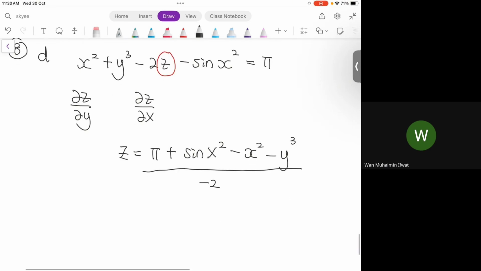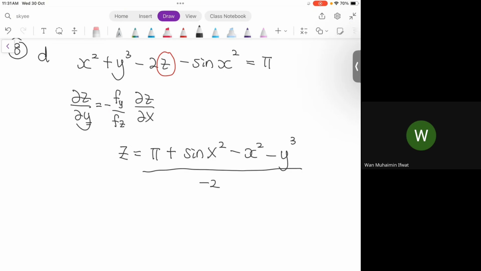If you want to solve using the implicit, first of all, you must know what equation you have to use. If you want to find del z del y, first of all, put a negative, and then put a function f, differentiated with respect to y, following the notations, and then divide by the function differentiated with respect to z.